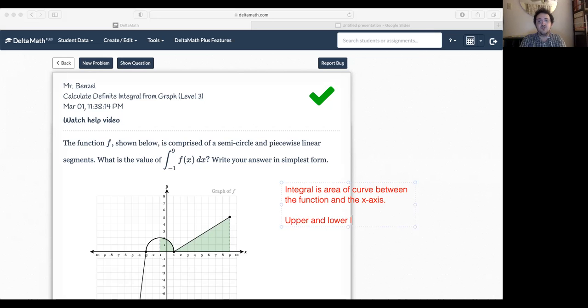Upper and lower limits set the right and left boundaries. And with those two things, the good news is that you can break them into almost everyday geometry problems. So I could actually give literally this problem, and literally this problem does exist on the combined area problems in the geometry class. And the only thing different is that we had to use the integrals to come up with that problem.